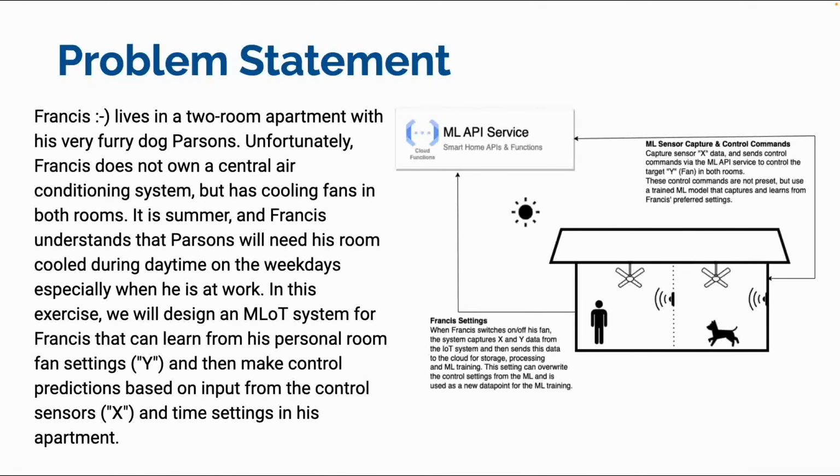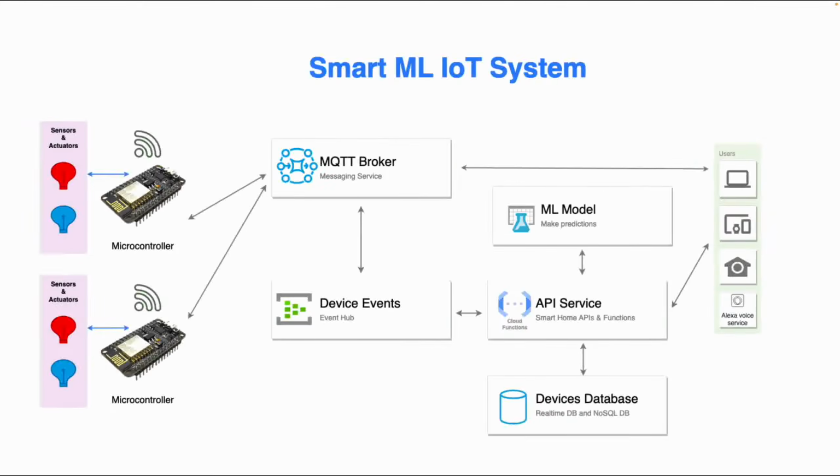What should my settings be? Based off of that, the ML API service can use the model that we've developed and send that command, saying turn on the fan in Parsons' room, or turn on the fan in Francis's room. That is exactly what we're going to try to build by the end of this machine learning IoT session.